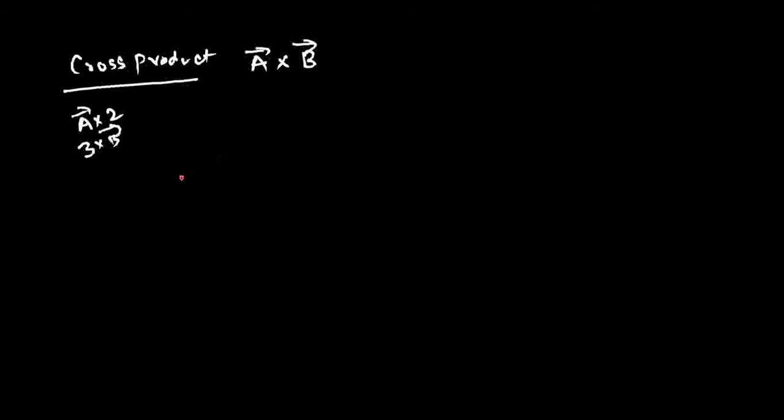So mathematically, how do you represent the cross product of these two vectors A bar and B bar? Say the angle between A bar and B bar is theta. So what is A cross B equal to? A cross B is equal to mod A mod B sin theta.